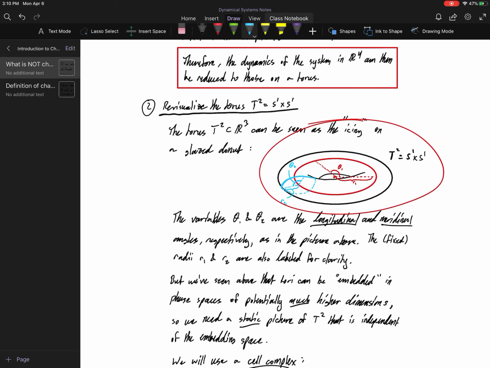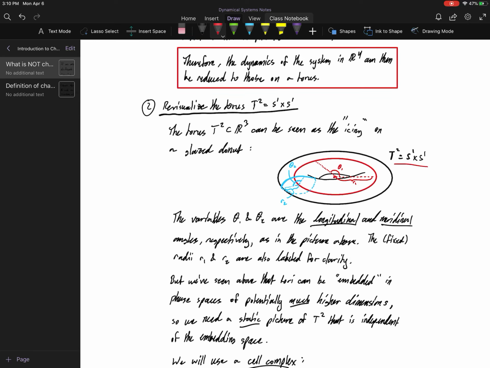So if I fix theta 1, there's still a circle cross section that I have here. So that blue curve in here, that bounds a disk sitting inside of that torus, is what we're going to call the meridian, or the meridional direction. So theta 2 has to do with that meridional direction, theta 1 has to do with the longitudinal direction, right?